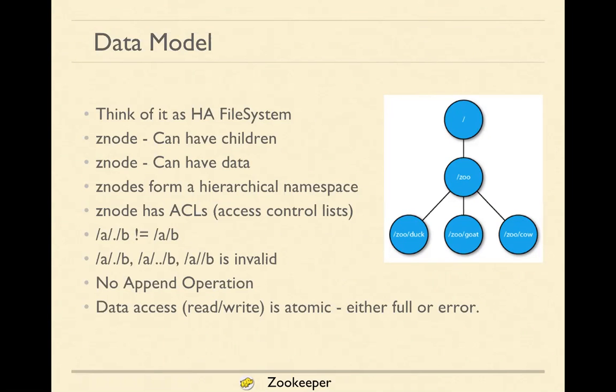That is the definition of the data model of Zookeeper. So Zookeeper basically forms a hierarchical space. The dot and dot dot kind of notations are not valid in this case. There is no such thing because every Z node contains data. We cannot append the data. We can only replace the data.